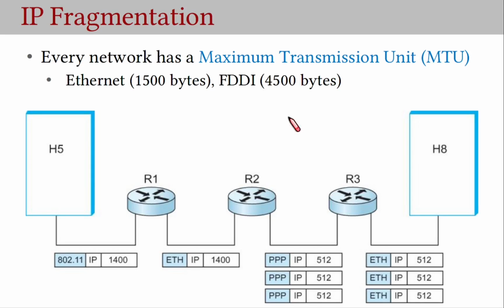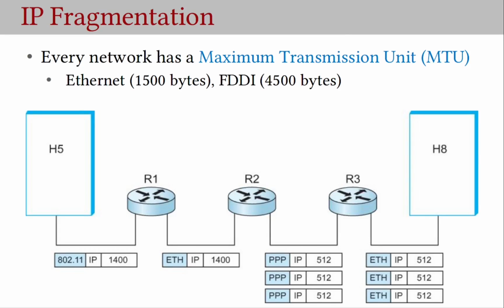Note that once an IP datagram is sent to the link layer, the link layer adds its own header and trailer, and therefore the maximum size of the frame that can be sent over a network is actually larger than this MTU, because that also includes the link layer header and trailer. And here are two examples. For Ethernet, MTU is 1500 bytes, and for fiber it's 4500 bytes.